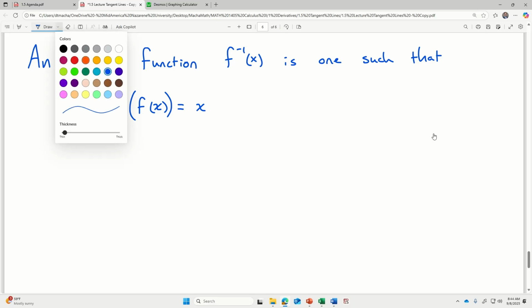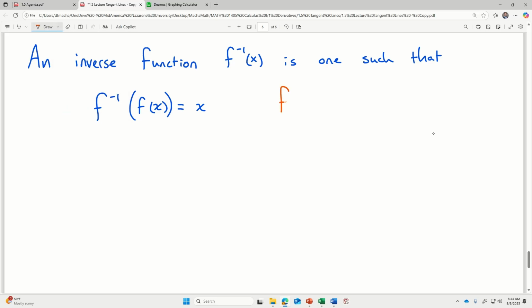One example we gave: if my original function is x cubed, then my inverse function would be the cube root. That's because if I take the cube root of x cubed, in other words, if I compose the inverse function with the original function, I just get x.